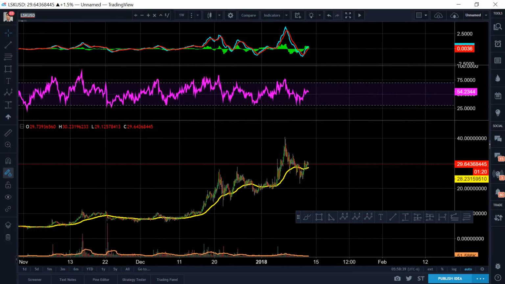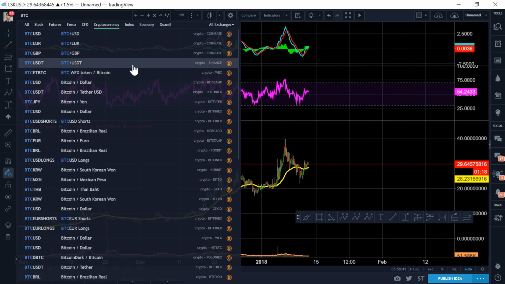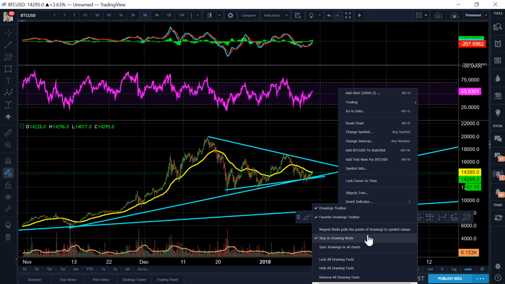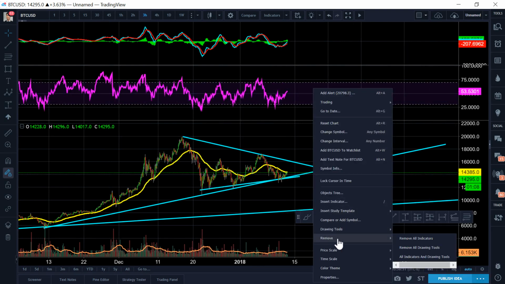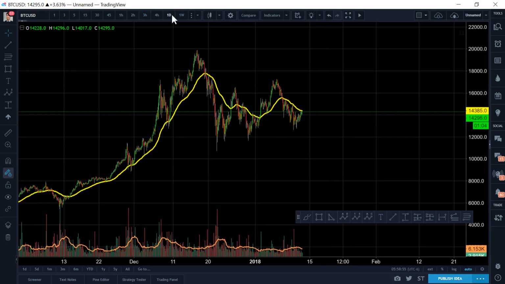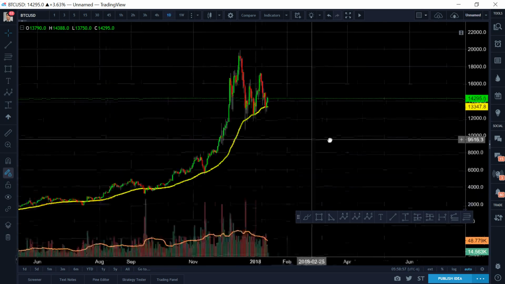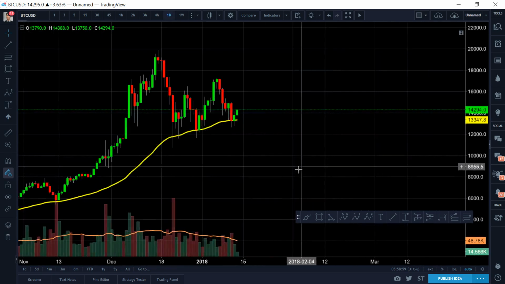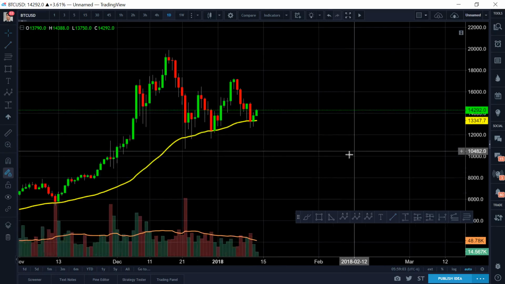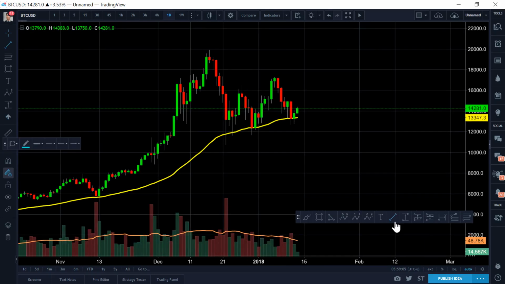Now let me show you what Bitcoin is doing. It's really important for you guys to understand what Bitcoin does, because every other coin follows the tune of Bitcoin, right? So we use Bitcoin as the leader, of course, and what Bitcoin tends to do, other coins will like to follow in one way or another. So here, first of all, we count 5, I'm not going to count all the Elliott waves, okay?